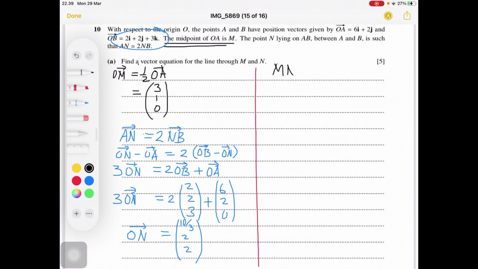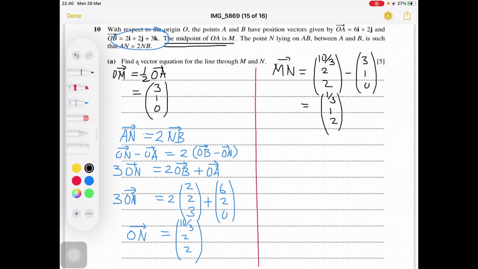MN is ON minus OM. The direction of the line will be (1 over 3, 1, 2).